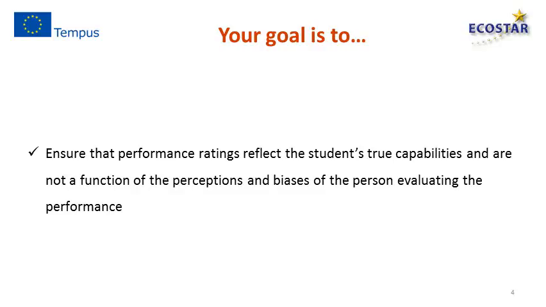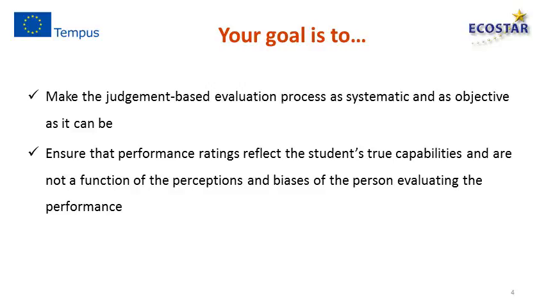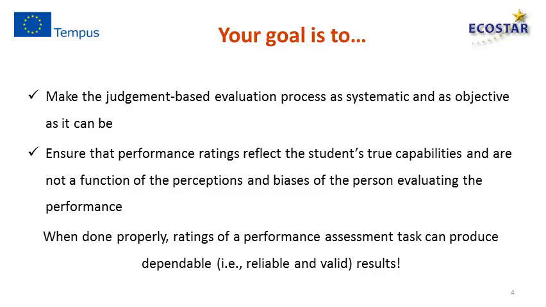You're not going to get there 100% because it can't be objective. We're talking about people, but you can try to eliminate as much of the error in measurement as you possibly can. So you want to make the process as systematic and as objective as it can be. And when it's done properly, the ratings of a performance assessment task can produce dependable results, meaning results that are both reliable and valid.